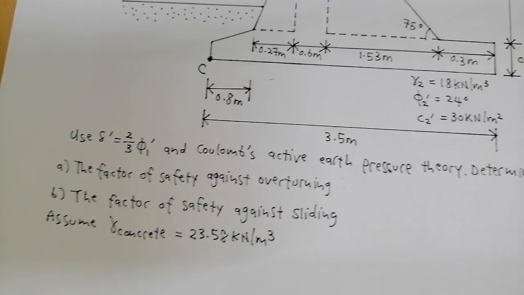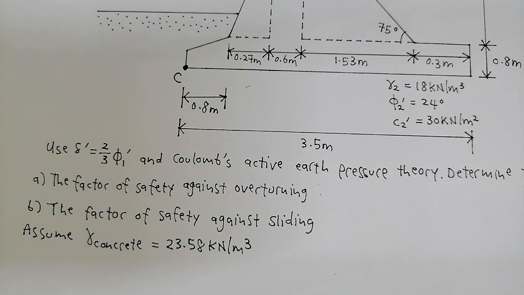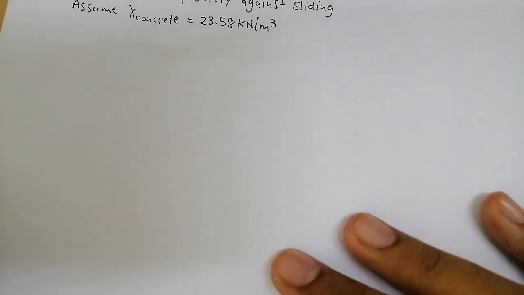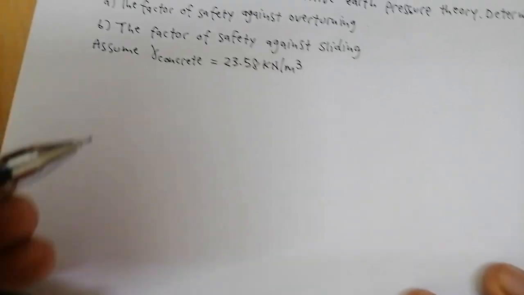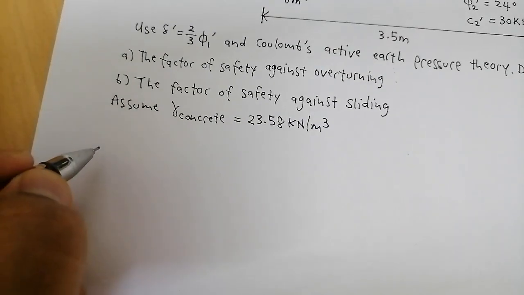So let's do this. Now, where to start? Okay, don't be nervous. We will start with the one that you know first. Okay, let's calculate the PA, the active force per unit length of the wall. All right, let's start.